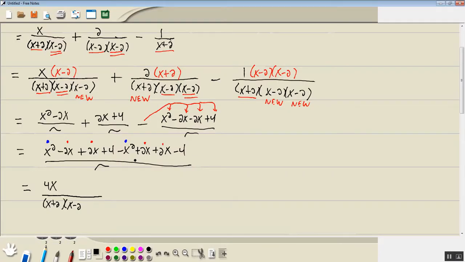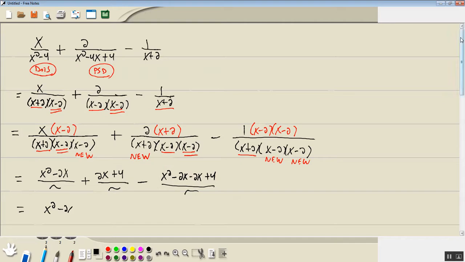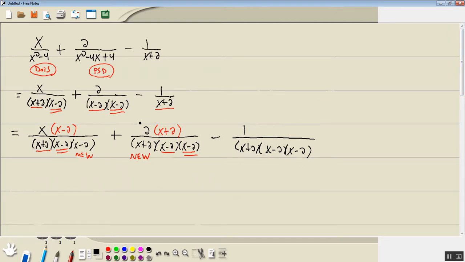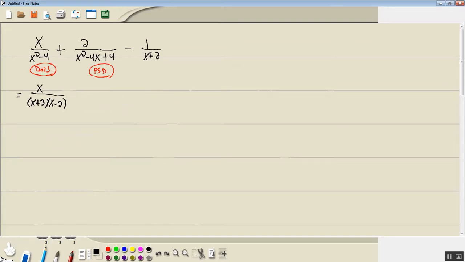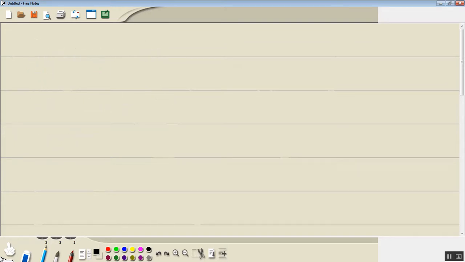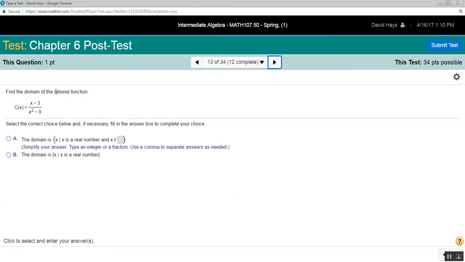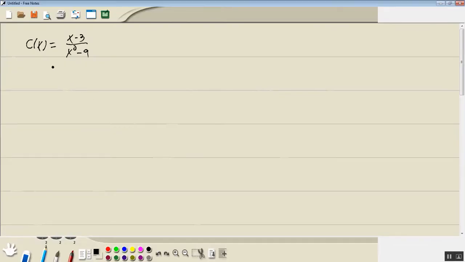Let me clear that off. So we got c of x is equal to x minus 3 over x squared minus 9. Now the instructions say find a domain. Well, to find our domain, you set your denominator equal to 0 and you solve it.